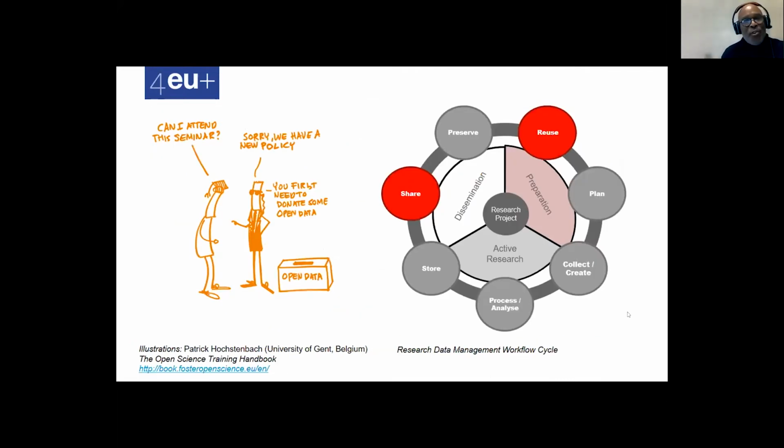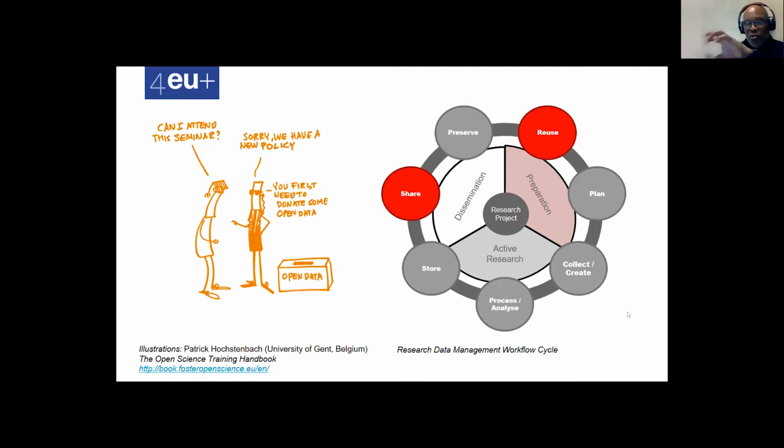Here, a little graphic to discuss with you what the FAIR data principles are and the new policies as it relates. Can you attend this seminar? No, sorry, we have a new policy. You first need to donate your data so it can be open.